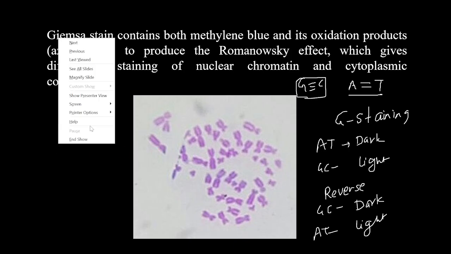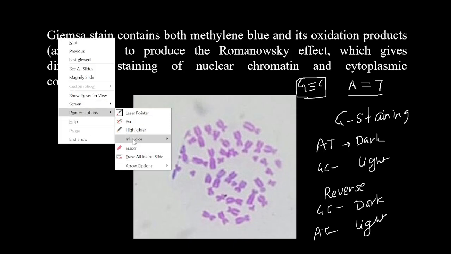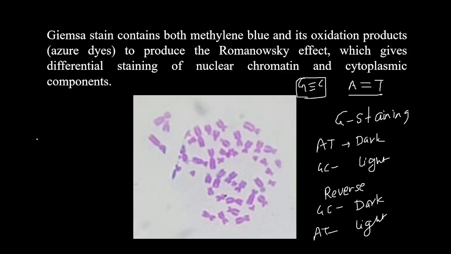So if you want to study them, you can see it by the length, because sex chromosomes are smaller. So on the basis of length you can recognize them. On the basis of the position of the centromere, if it is in the center, it is metacentric.